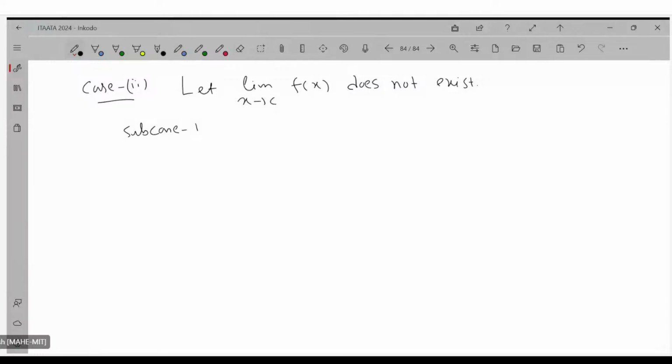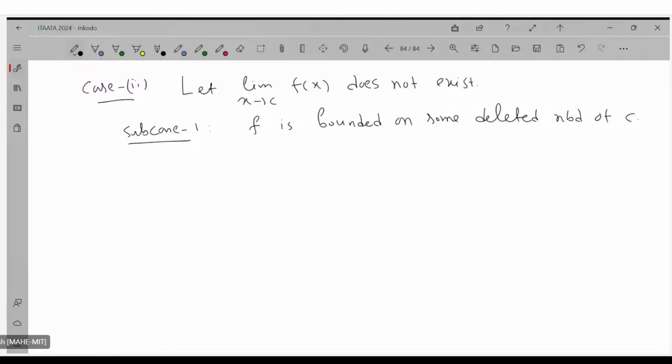Subcase 1 is that there exists a deleted neighborhood of c where f is bounded. So f is bounded on some deleted neighborhood of c. Okay. So some neighborhood of c is there where f is bounded.